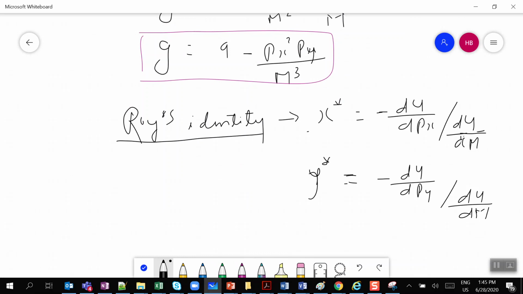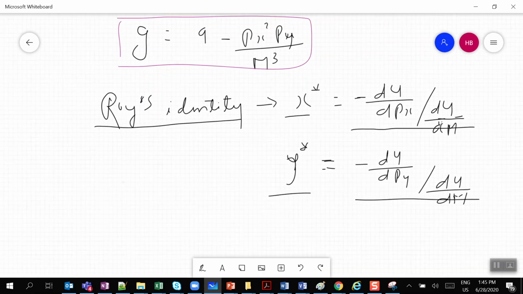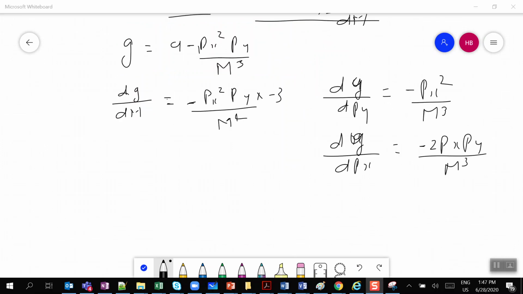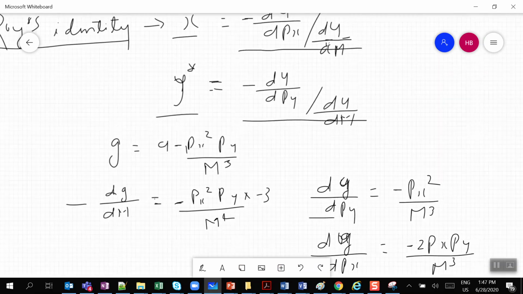Using Roy's identity, we know x star is minus du by dpx divided by du by dm, and similarly we know y star. So using Roy's identity, we are going to derive x and y. I differentiated to find dg by dm, dg by dpy and dg by dpx. These three equations I am going to put into Roy's identity to find x and y.